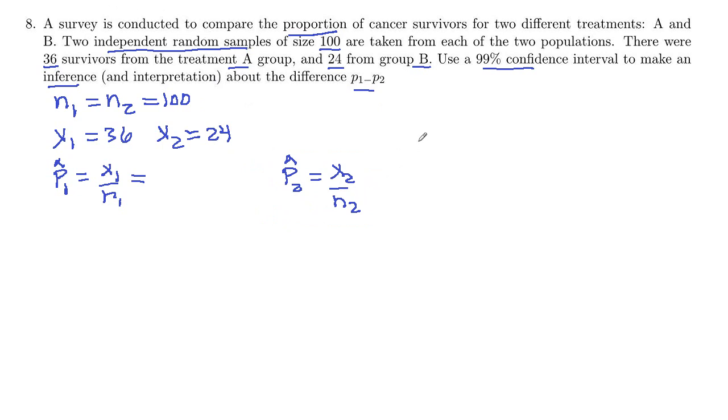Oh, and let's just mention the requirements here in case I have you check them. So for proportion, we need independent random samples. That was given.